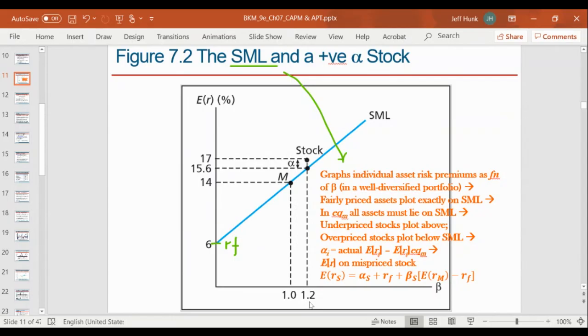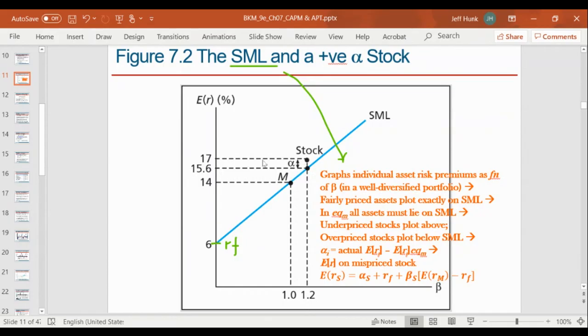I've been telling you, it's a hunt for alpha, right? But again, if beta is 1.2, 15.6% return is what it should be. It's an ideal situation, right?